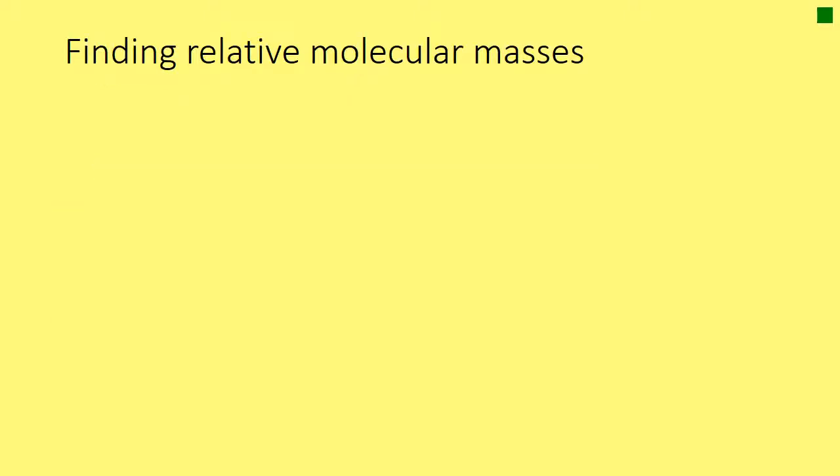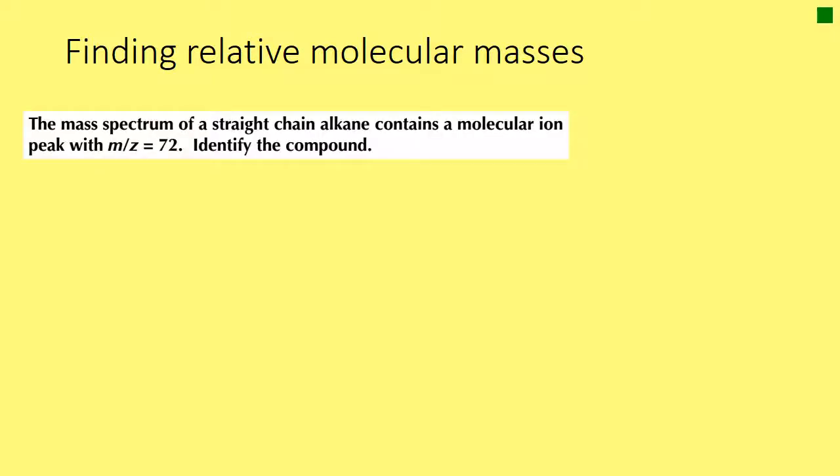So first of all, finding relative molecular masses and identifying certain compounds. We might have a mass spectrum, and we'd look at that mass spectrum. You might also know that the spectrum is of a straight chain alkane, as in this question.